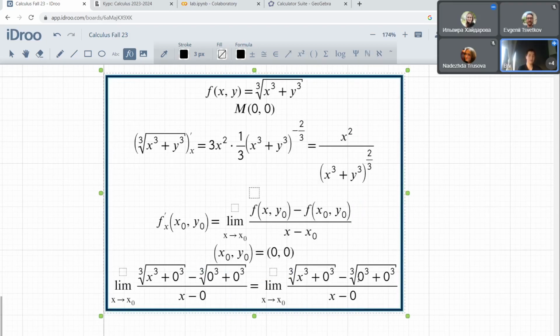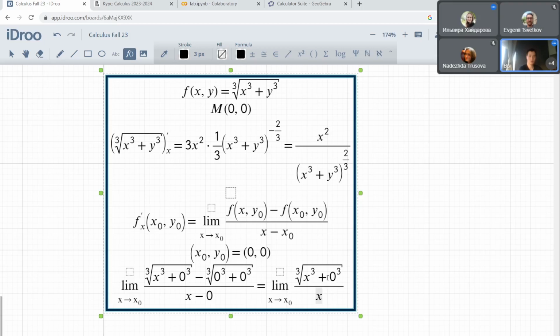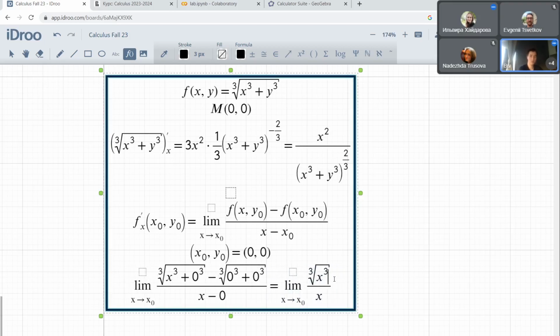And you can see that this limit exists because the other terms are 0, and this thing is x, so the limit equals 1.